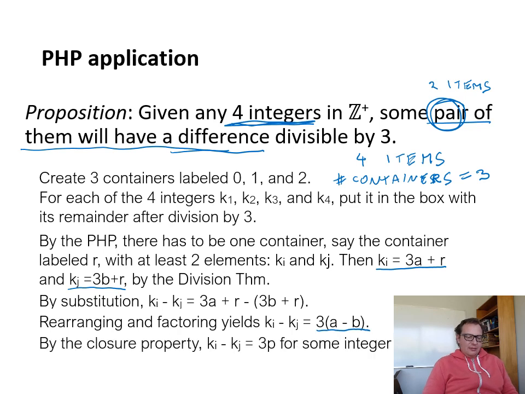And from that, it follows that ki minus kj is equal to 3p for some integer p. That's closure of subtraction. And from that, we know that ki minus kj is divisible by 3, and hence we proved this original proposition that given any 4 integers, at least 2 will have a difference divisible by 3.